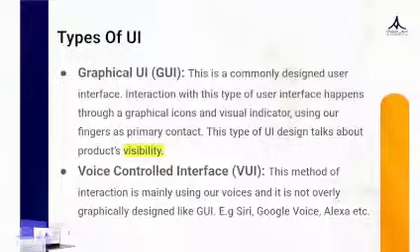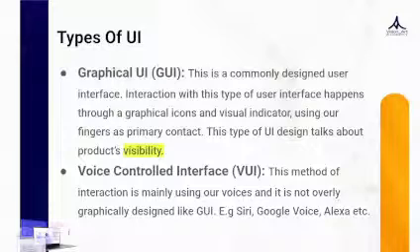So this is a commonly designed user interface. This is a common user interface we do have. Interaction with this type of user interface happens through graphical icons and visual indicators, using our fingers as primary contact.